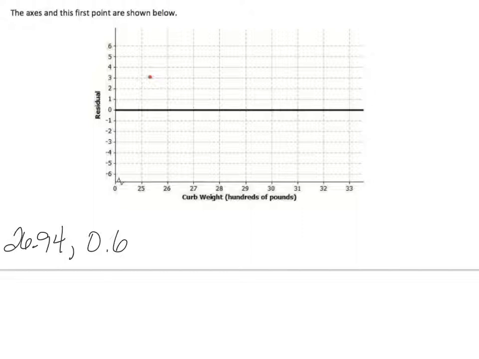That's not bad. Maybe a little higher. The next value we have is 27.79 and negative 6.1.